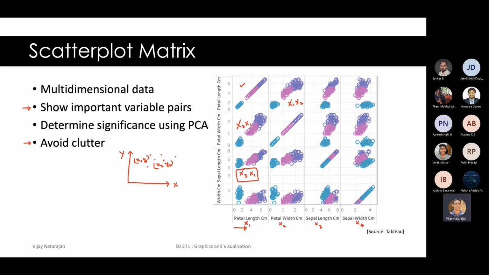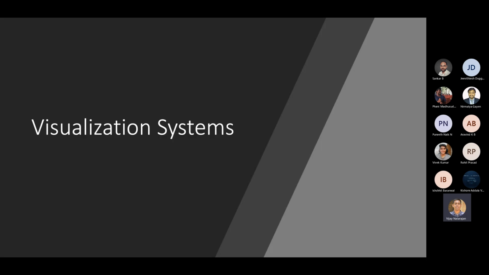So to summarize, I talked very briefly, we didn't jump into details at all. Very briefly, we talked about tree maps, parallel coordinates, and scatterplot matrix as three different techniques for high dimensional data visualization. So these are just examples of information visualization techniques.